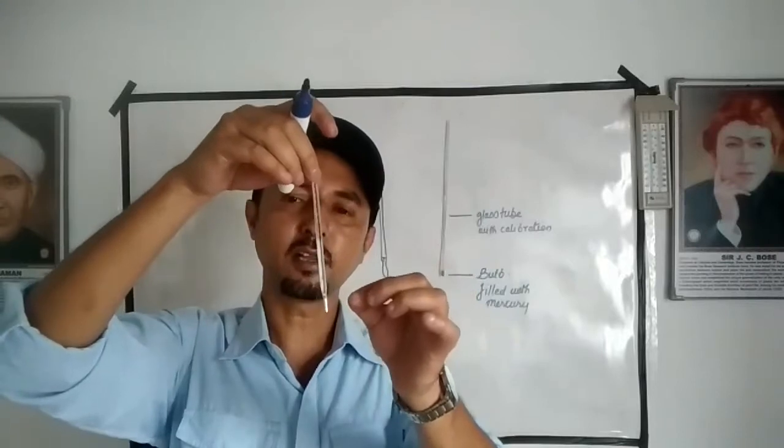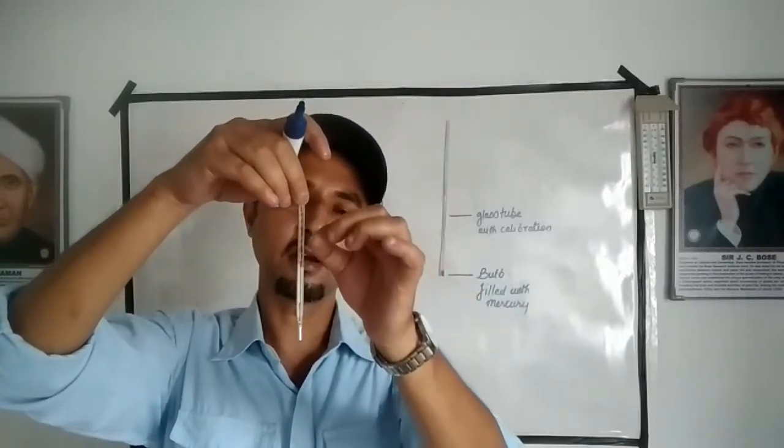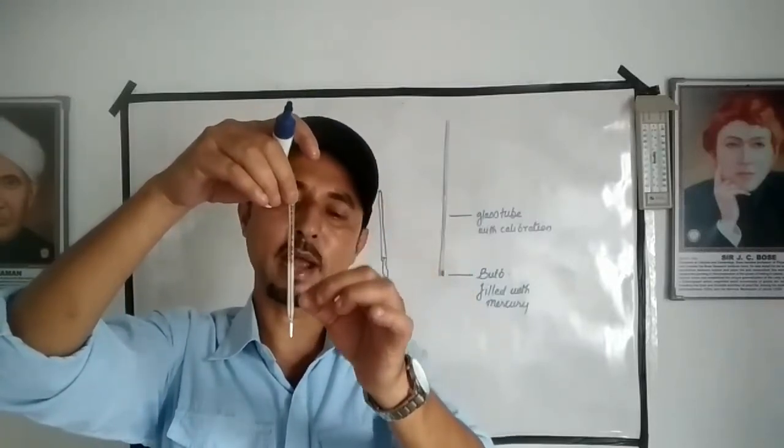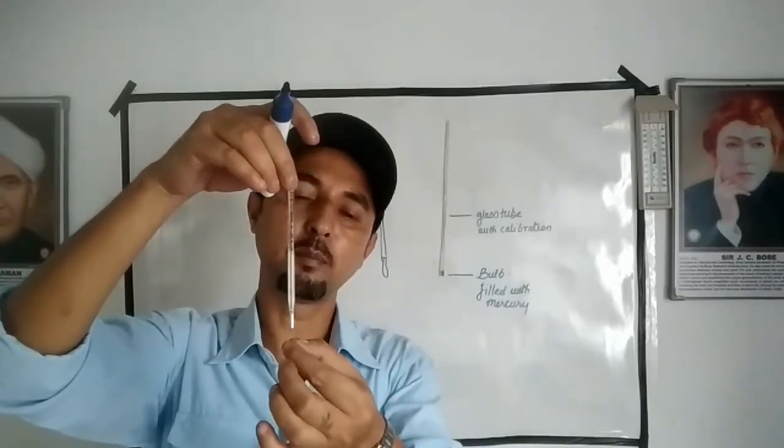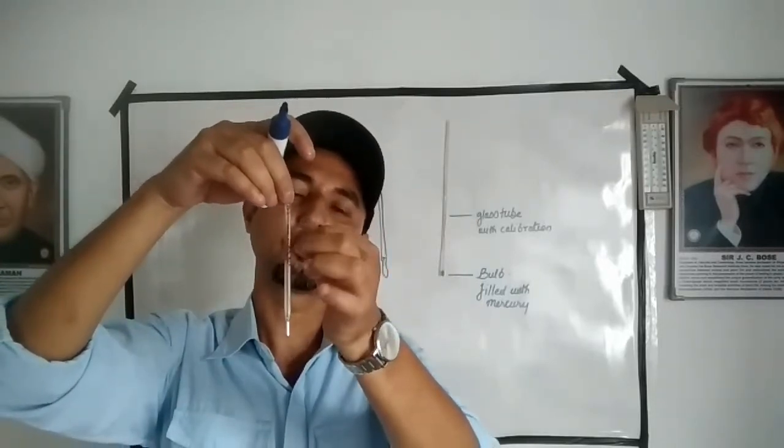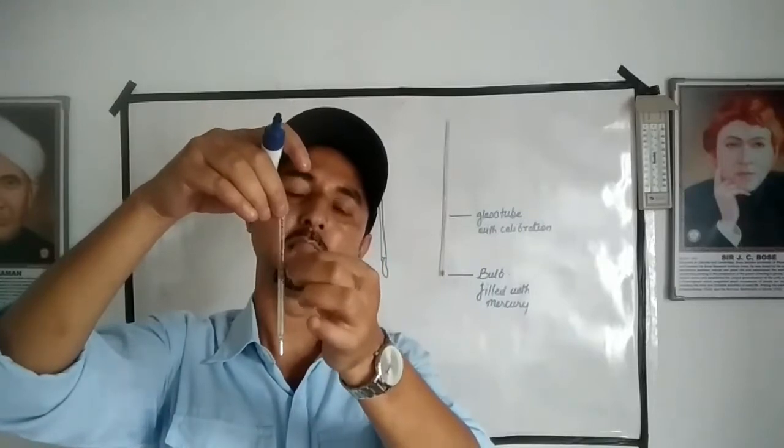The kink or the lock does not allow the mercury to fall back into the bulb, and so it remains in this tube.